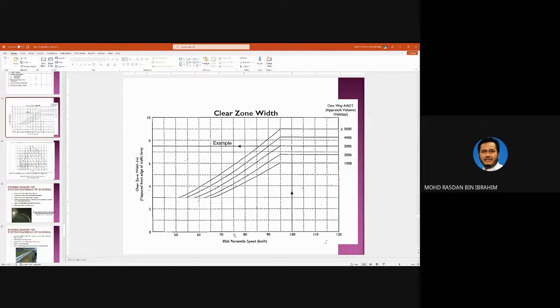So this is the 85 percentile speed. The 85 percentile speed is not your design speed. This is the actual speed of 85% of the traffic using that road. Normally we'll just choose using design speed. But actually, what 85th percentile speed means is, if you plot it as a cumulative curve, it is the speed that 85% of the vehicles using that road do not exceed.